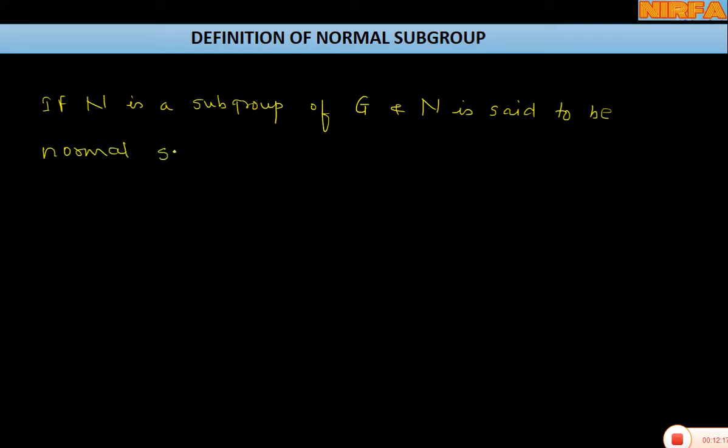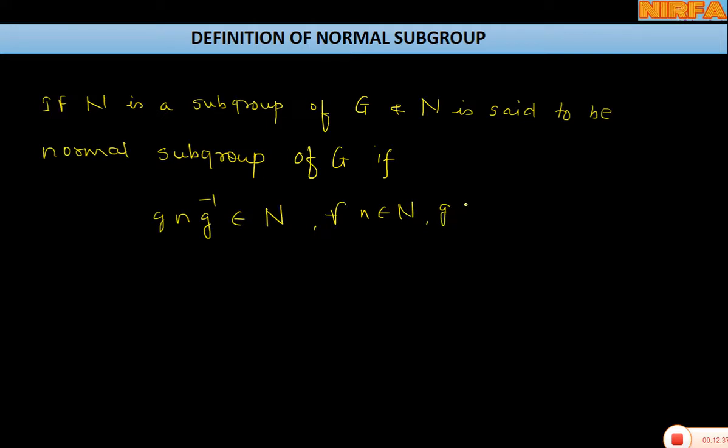For the definition, we may write: if N is a subgroup of G, then N is said to be a normal subgroup of G if g n g inverse belongs to N for all n belongs to N and for all g belongs to G.